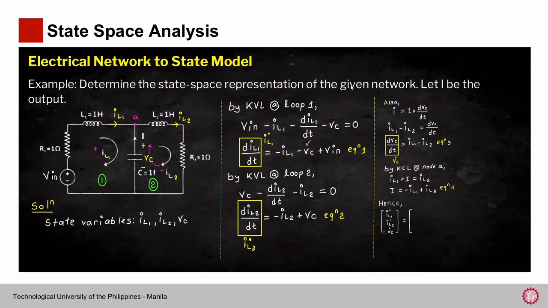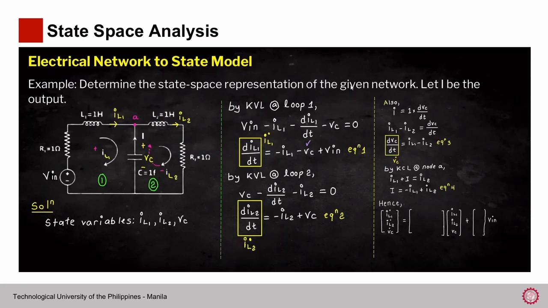Okay. Yan. So we have, again, this is IL1, this is IL2, and this is VC. Okay, clear? Okay, plus the input matrix, guys. Input matrix. And this is the V in.